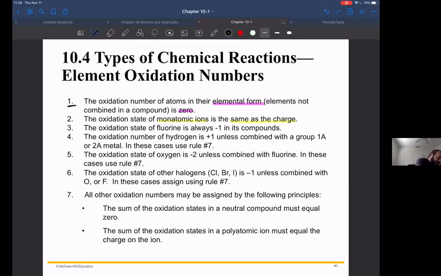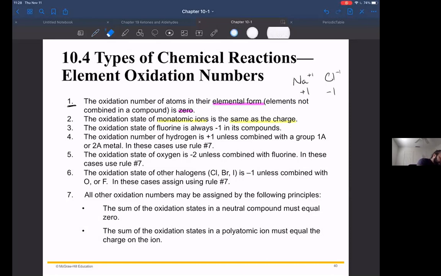So what do I mean by that? I mean, if I have a sodium ion, its oxidation number is +1 because its charge is +1. Likewise, if I have a chloride ion, its oxidation number is -1 because it has a -1 charge. Monatomic ions. These are the simplest ions, basically not a polyatomic ion.